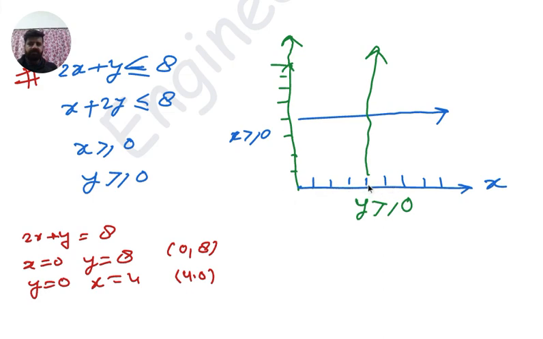So I will start from here. First 4 comma 0, and we will go up to 0 comma 8. So I will come in this direction. The equation of this line is 2x plus y equals 8.